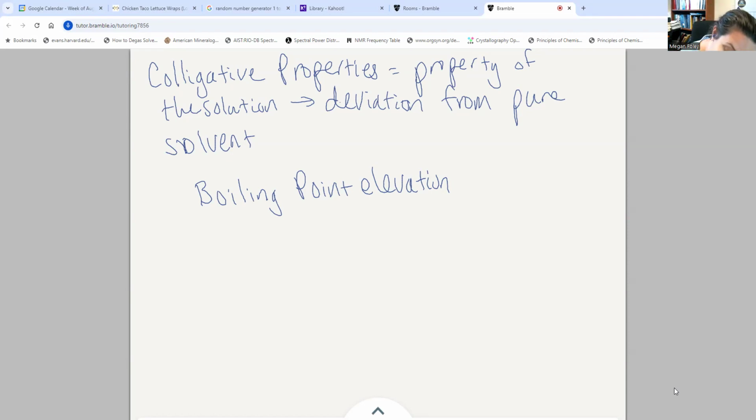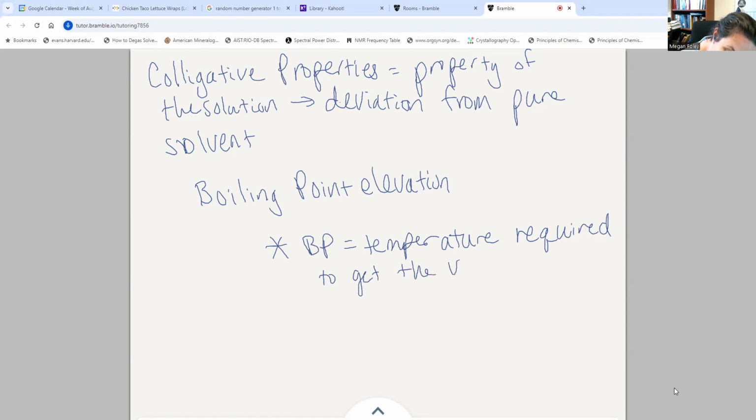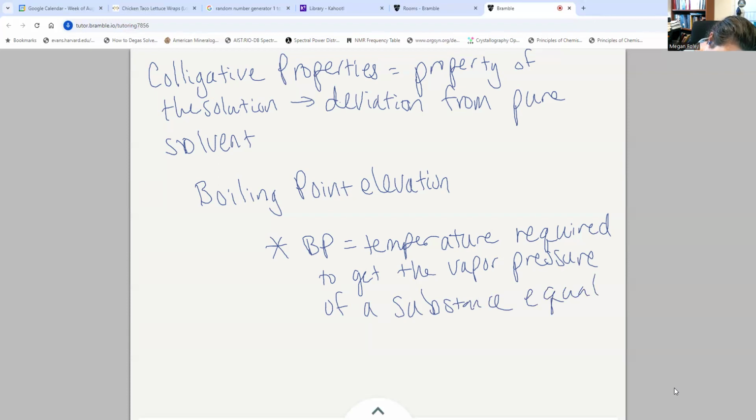So remember that boiling point is the temperature required to get the vapor pressure of a substance equal to the atmospheric pressure.